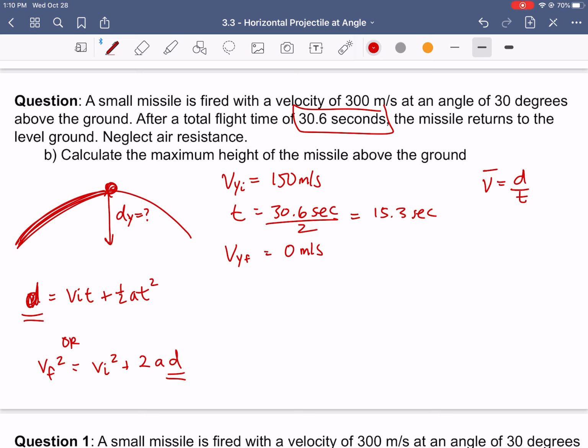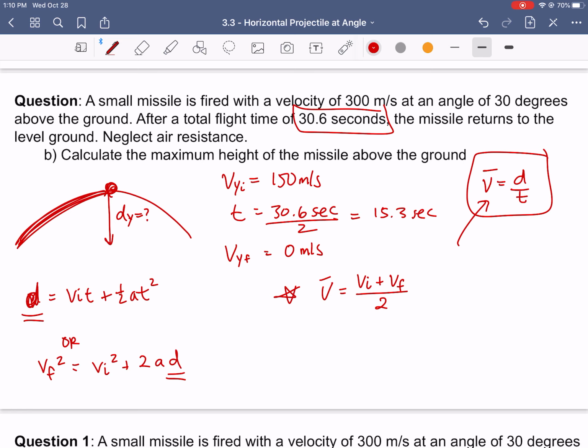For this one, I'm going to use the equation average velocity equals distance over time. But we have to look at that average velocity. As you can see, the velocity changes. Whenever the velocity changes and you're trying to get the average velocity, I don't know if you remember from a while ago, the formula you have to use is Vi initial velocity plus V final, divided by 2.